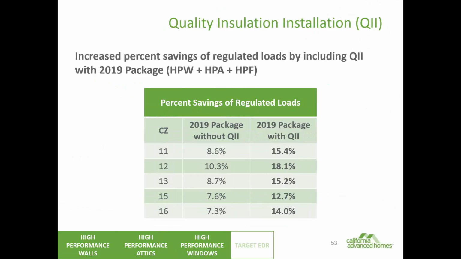Again, it's prescriptive, so it doesn't have to be done, but that's what your model's being compared to. And if we add QII to that prescriptive standard, at least in the Central Valley or mostly Central Valley climate zones here, certainly the large cooling load climate zones, we're getting what's 13 to 18% better than the 2016 standards.